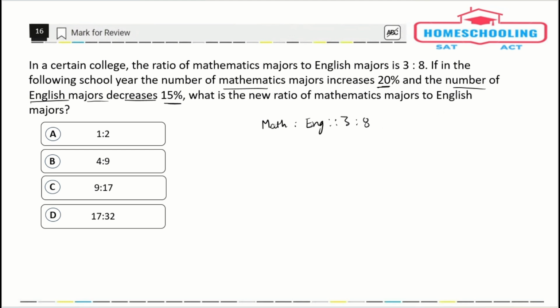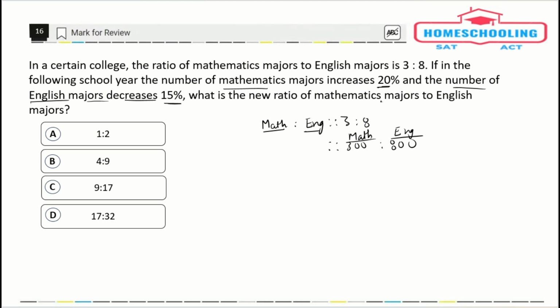So as we know that maths and English are in ratio 3 is to 8, we can also write this as 300 is to 800, because if we divide both of them by 100, it would come 3 is to 8.